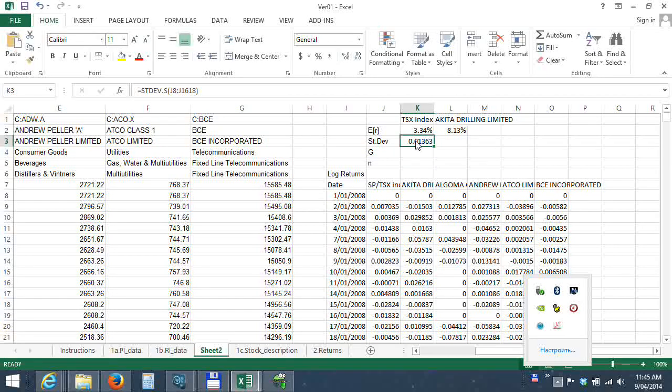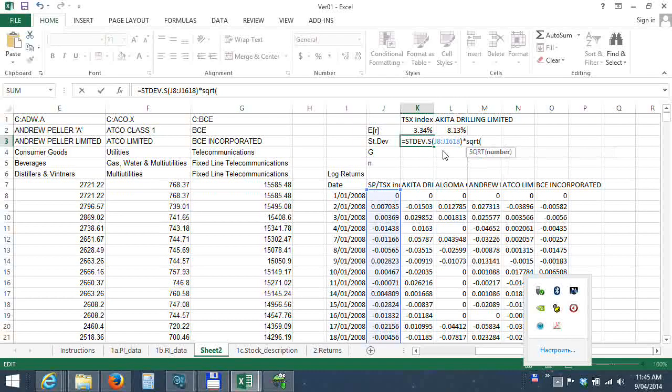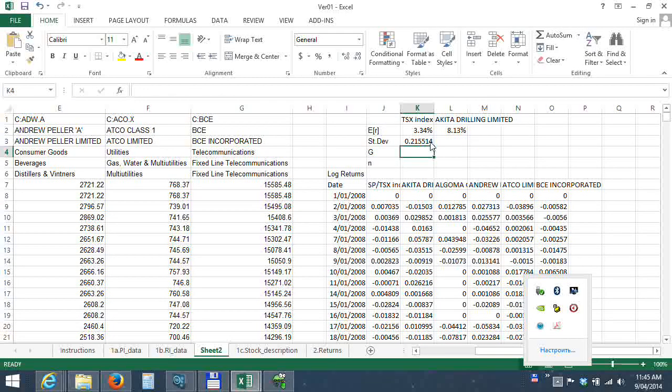So we want to annualize this number, and the way we annualize the standard deviation, since it's the square root of the variance, is we multiply it by the square root of our annualization factor, which in the previous example I used 250. Now 21% is the risk on the Toronto Composite Index.